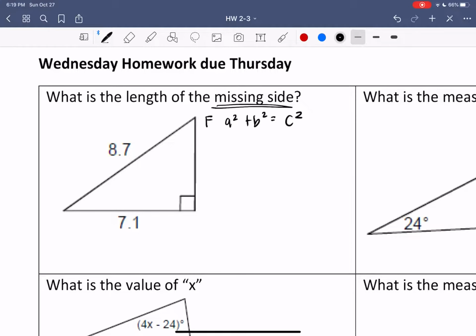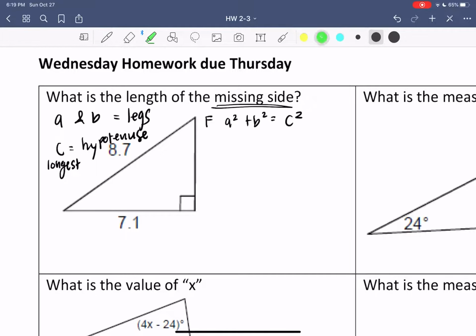So remember, A and B equal legs, and C equals the hypotenuse, and the C has to be the longest. And the way to determine the longest, you look at the right angle, look at our right angle right here, and the right angle points to the hypotenuse always.